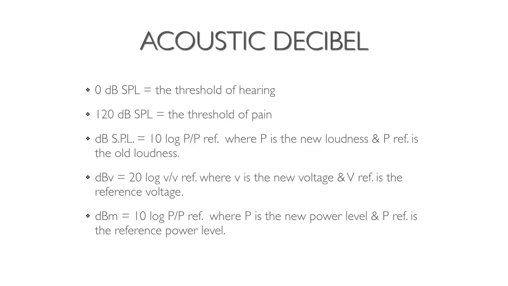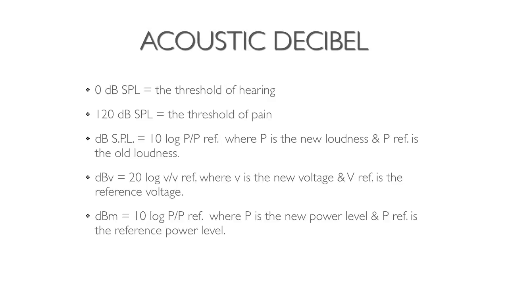So that would be 2 as a numerator and 1 on the denominator. And so that's 2, and the log of 2 is 0.3 times 10 is roughly 3 decibels. So that's how you can determine decibel values. You won't have to do that for class. I just want to point this out to the people that are a little more technical.